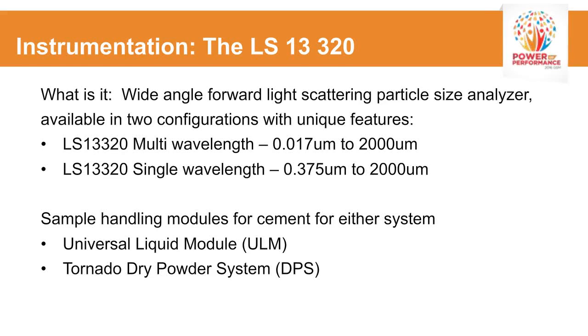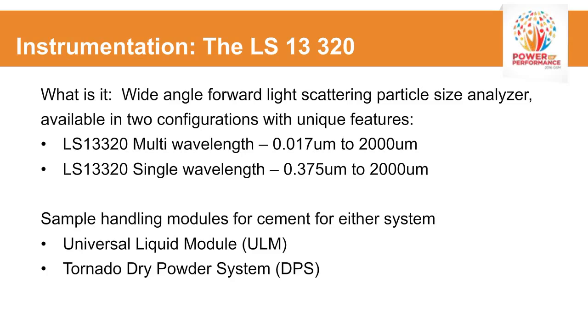The LS 13 320, the name comes from the chapter number for the ISO standard, mainly because this was the first instrument to truly follow the full ISO standard, and that's where it was named from, LS standing for light scatter. There are two types of models in the optical bench, which we'll get into in detail in a moment.